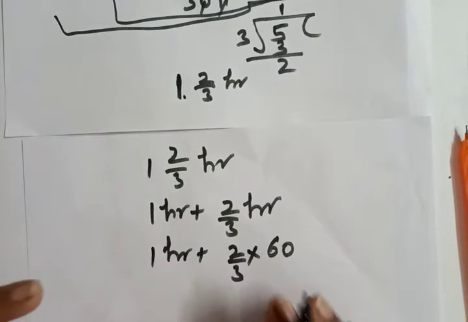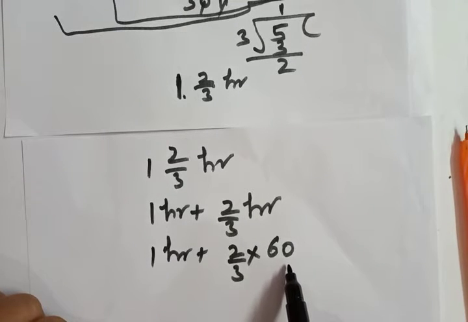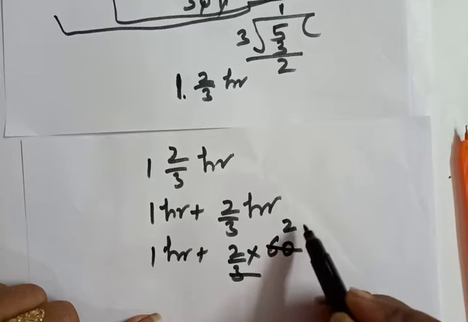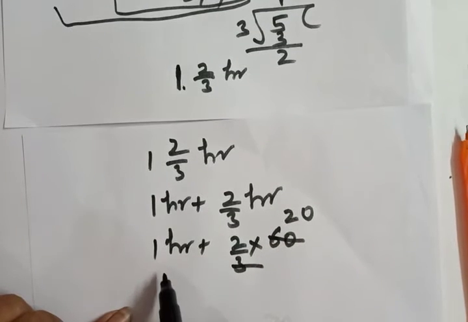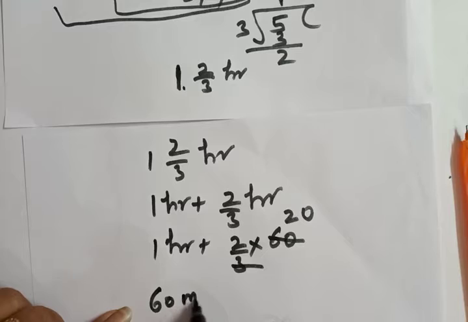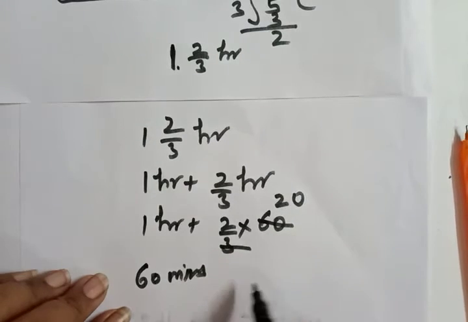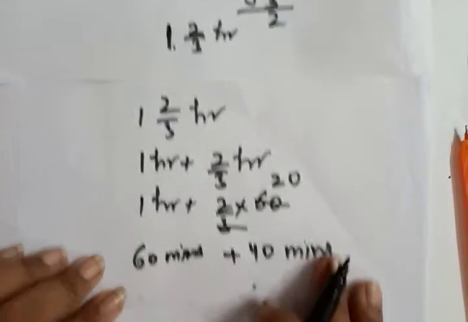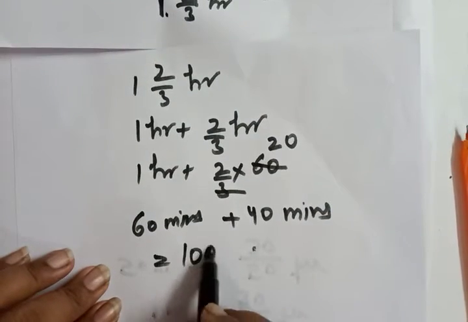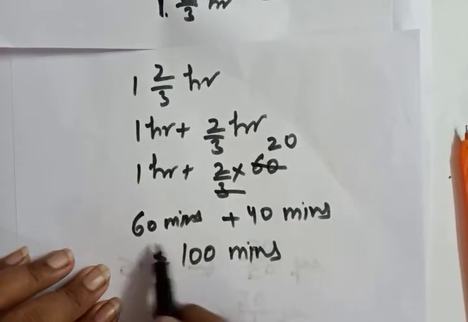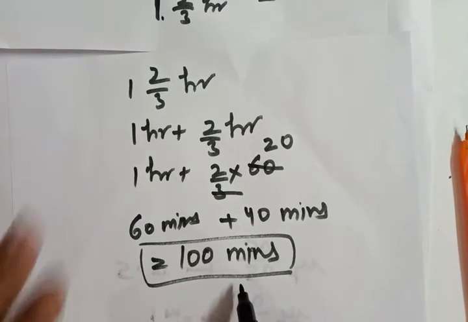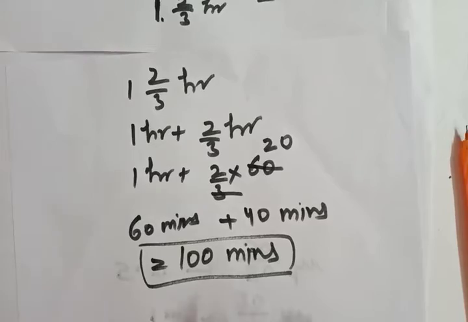To convert any hour into minutes we multiply by 60. 3 twos are 6. So 1 hour is equal to 60 minutes, plus 2 twos are 4, so 40 minutes, that is equal to 100 minutes. So in 100 minutes it will fill the cylindrical tank.